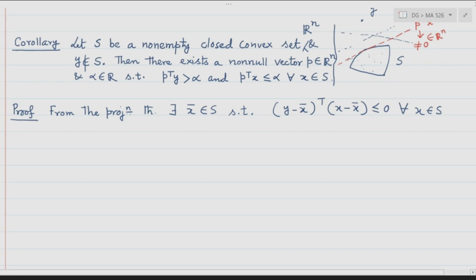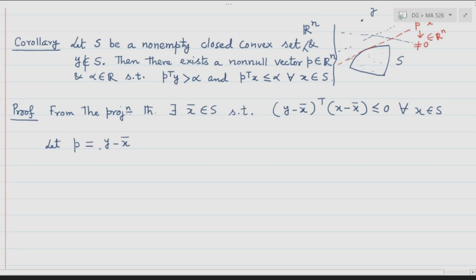Once this is a common tangent, y minus x bar is perpendicular to this hyperplane. Therefore why not consider p as the vector y minus x bar, because this is perpendicular to the common tangent, and this will give us p transpose x equals alpha.